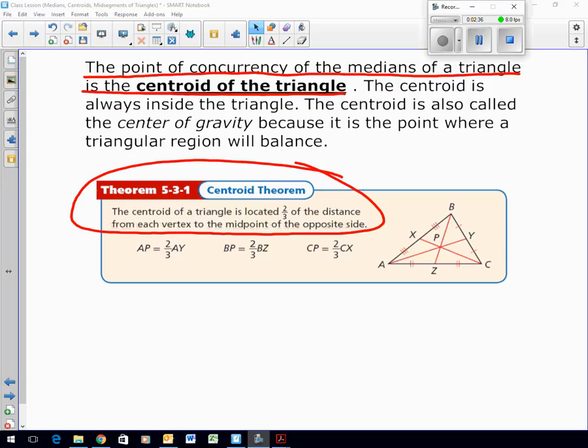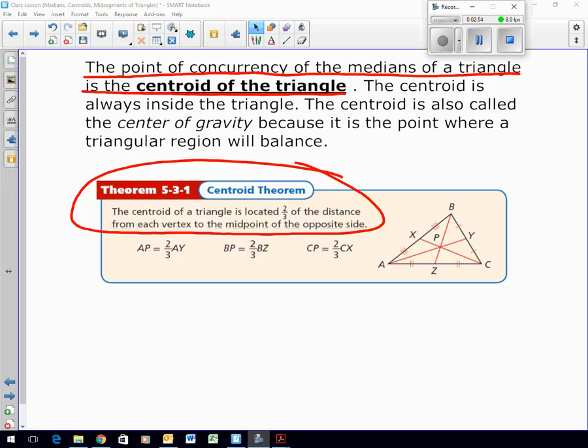Y is the midpoint between B and C, right? So I go from my midpoint, and my median is from Y to A, that opposite angle, okay?